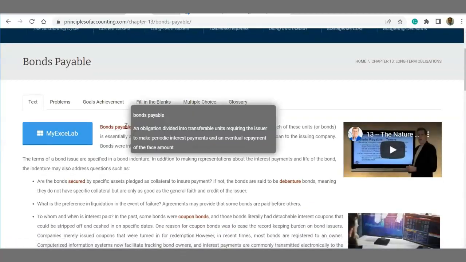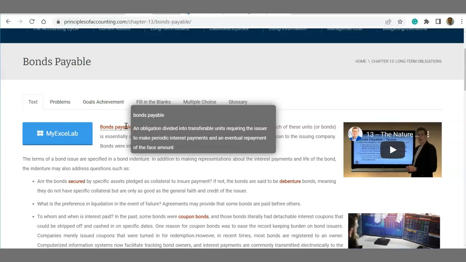So the bonds payable by itself, it's an obligation divided into transferable units requiring the issuer to make periodic interest payments and then eventual repayment of the face amount. That means the company issues a bond and investors buy the bond certificate, which is in thousands, $1,000 each certificate.